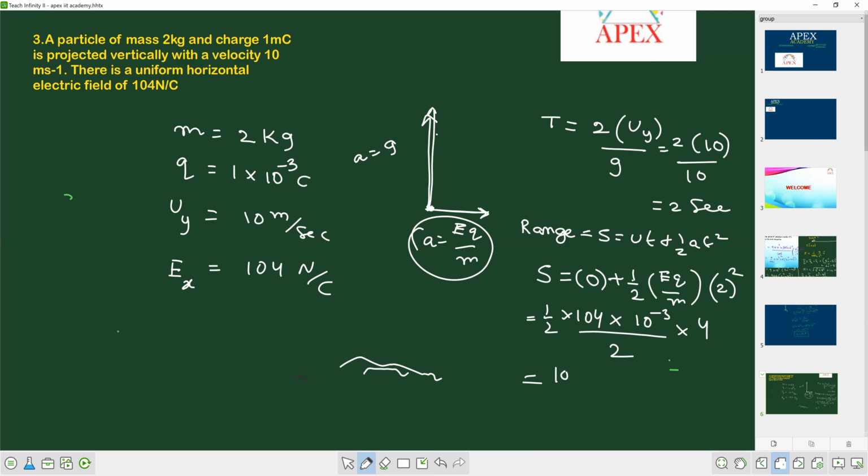This will be 10 power 4, in the question also it should be 10 power 4. So 10 power 4 into 10 power minus 3 will be 10 only. That is the range, so the answer is 10 meters. So time of flight we got as 2 seconds and the horizontal range is 10 meters.